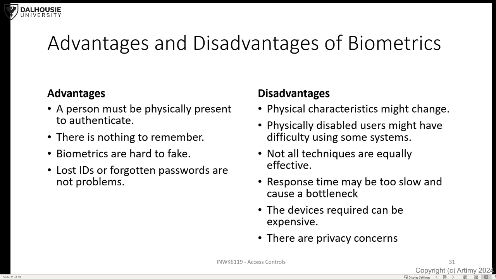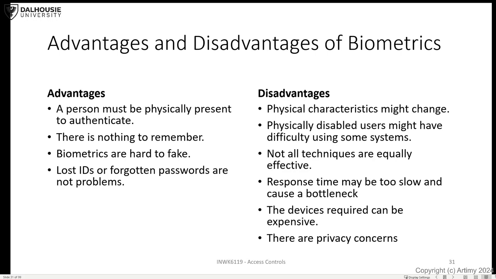All right, so there are advantages and disadvantages of biometrics. The advantages: you don't need to carry anything, you don't need to remember anything, and you need to be physically there, so you cannot do things remotely, and nobody can fake your presence. So you have to be there. The disadvantages are that sometimes the physical characteristics change. If you are injured and you have a cut on your finger, you won't be able to use your fingerprints anymore, or at least until you heal.